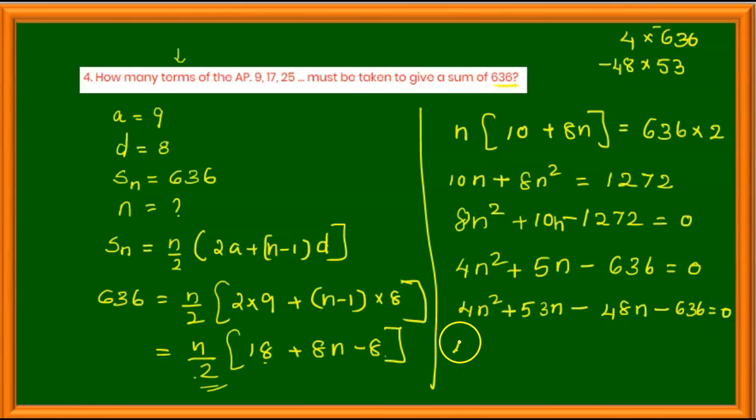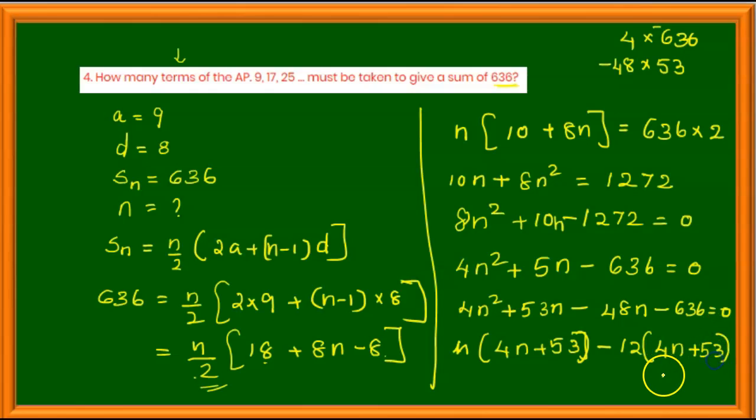From the first two terms we can take n as common factor, taking n out, 4n plus 53, and in the next two terms 12 is a common factor, taking out, 4n plus 53 will come out.